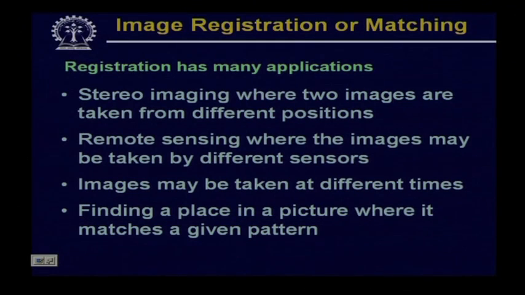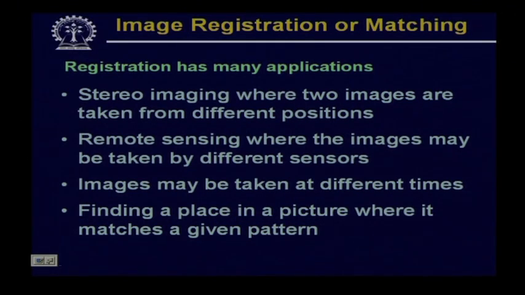So, in such automated navigation applications, this pattern matching or template matching is very important. So, these image registration methods have various other applications which can be exploited once the registration techniques are known.